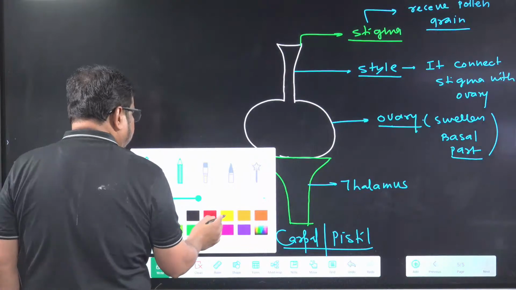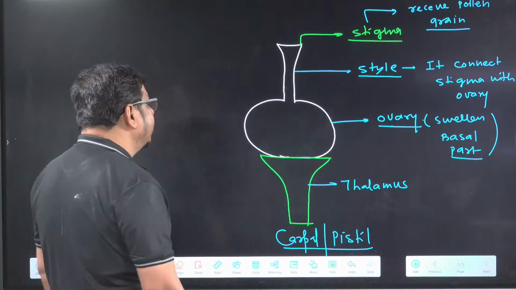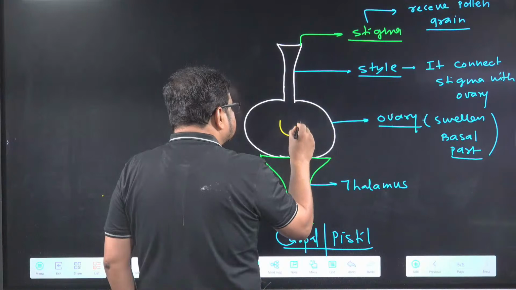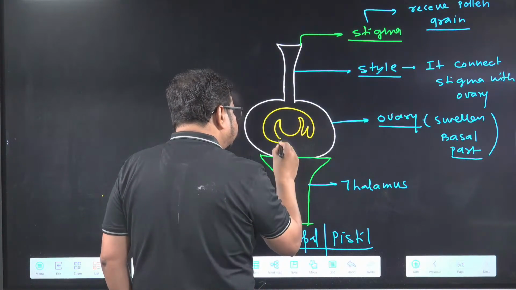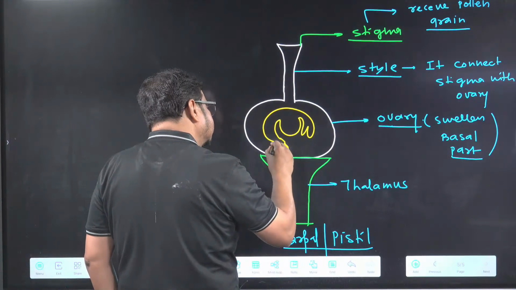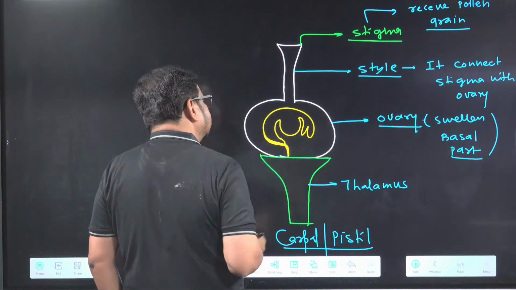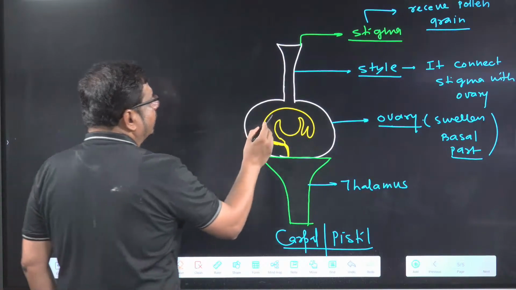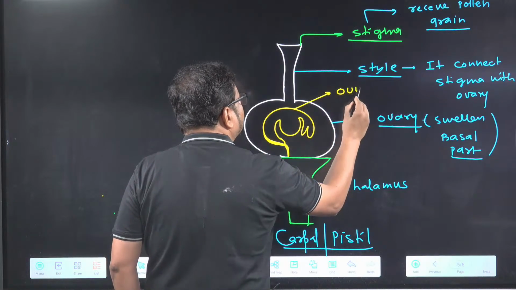Now inside the ovary, what is present? Ovule is present. NCERT also tells about it, so I am making an ovule also. So inside the ovary, ovule is present. This structure is called an ovule.